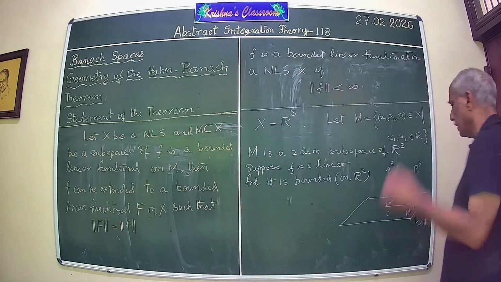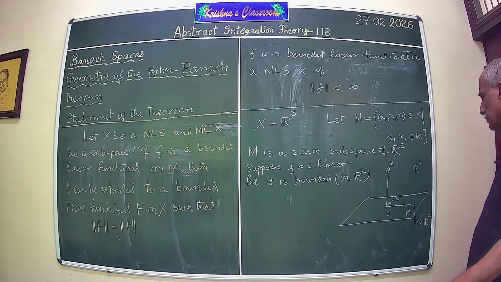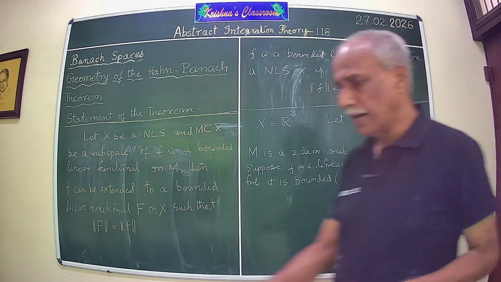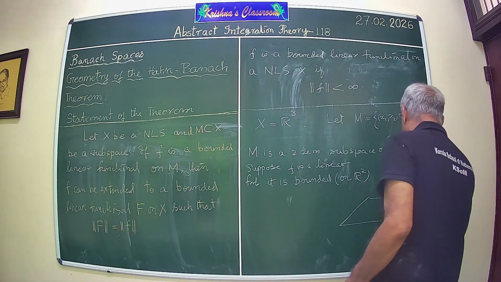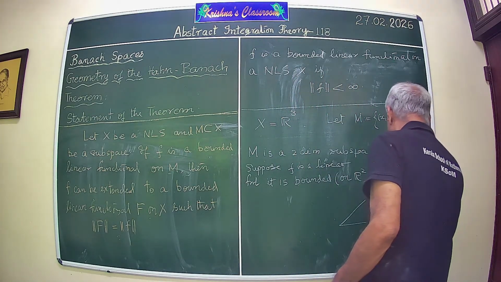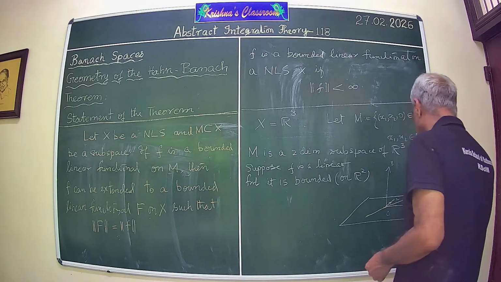So this is the R2 subspace of that, and you have what you call a line passing through. So what is this line?